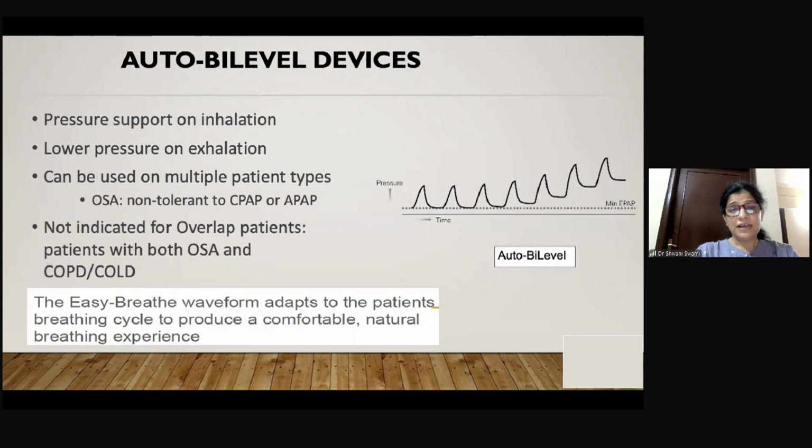Then there is auto bi-level device. Of course, there is a pressure support on inhalation and a lower pressure on exhalation. Although the pressure range is varied in auto bi-level device, it can be used on multiple types of patients.